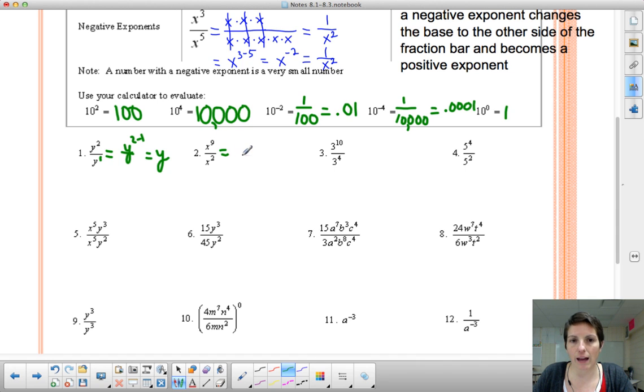X to the 9th over x squared. So that's really keep the base of x, and we'll do 9 minus 2, so that's really x to the 7th.